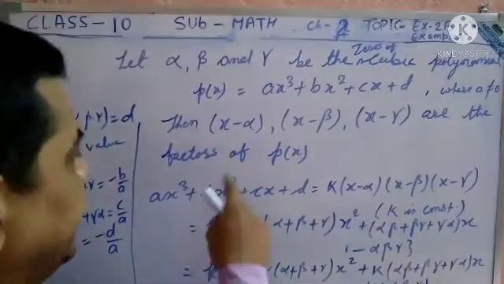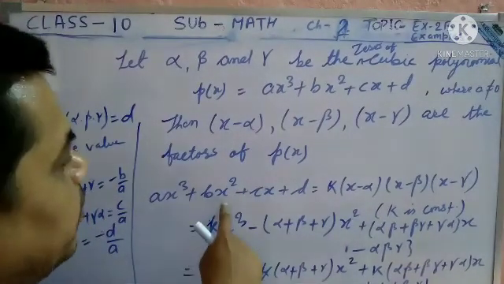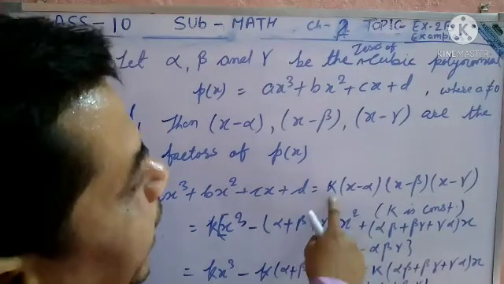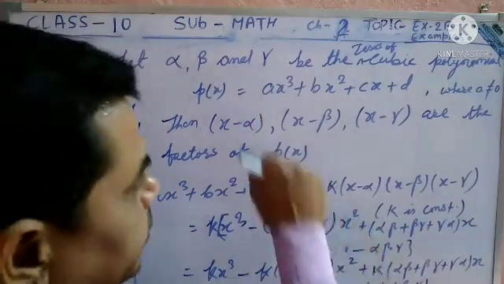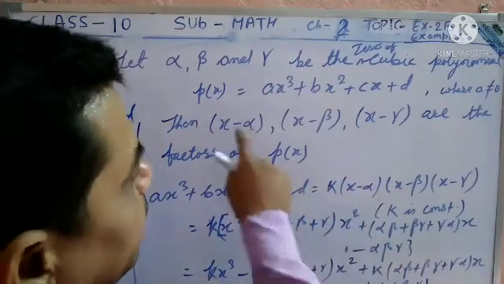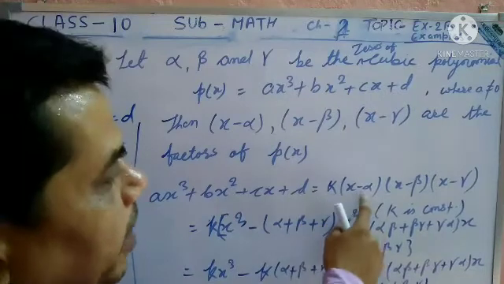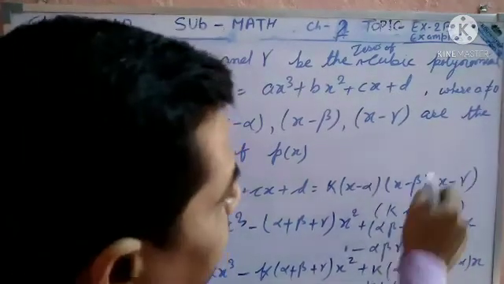So ax cube plus bx square plus cx plus d is equal to k, where k is any constant, times x minus alpha, x minus beta, x minus gamma.